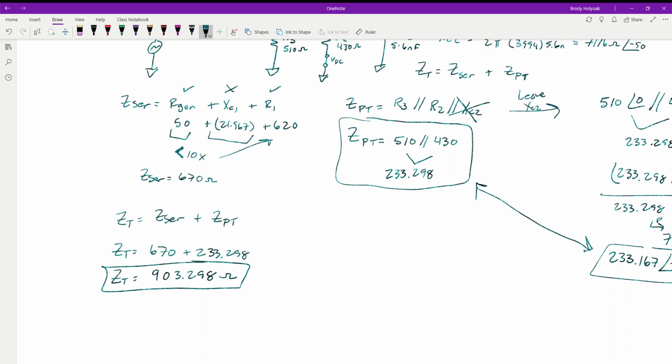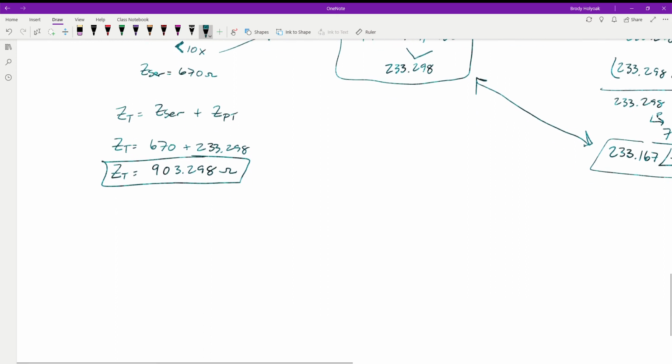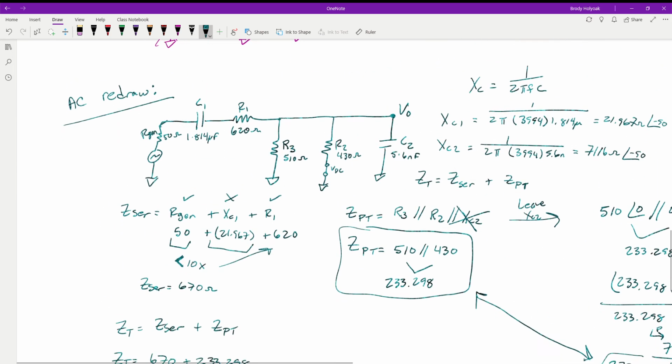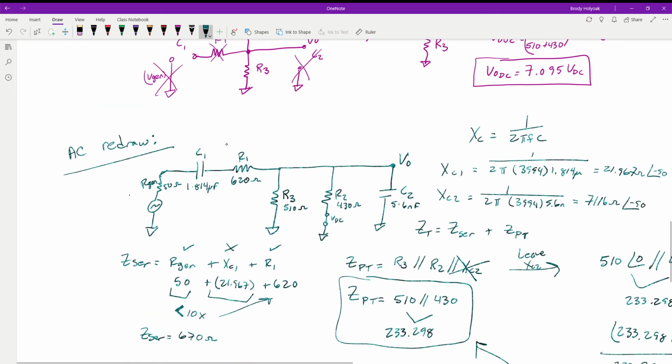So now that we have that, we need to find our current and find our voltage drops. And then we're going to find our min and our max voltage. So the current is equal to the voltage out, and we're in peak to peak because that's what we started with here. So 6 volts peak to peak. I forgot to write down that part.